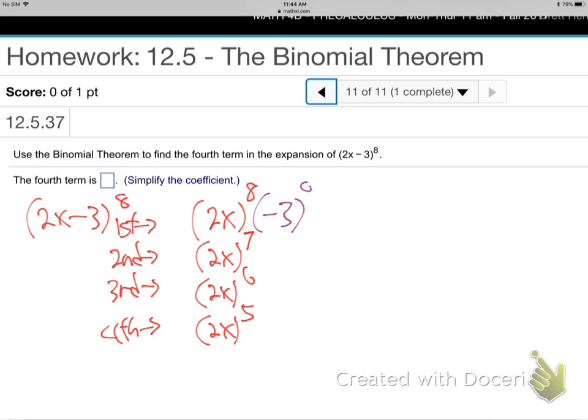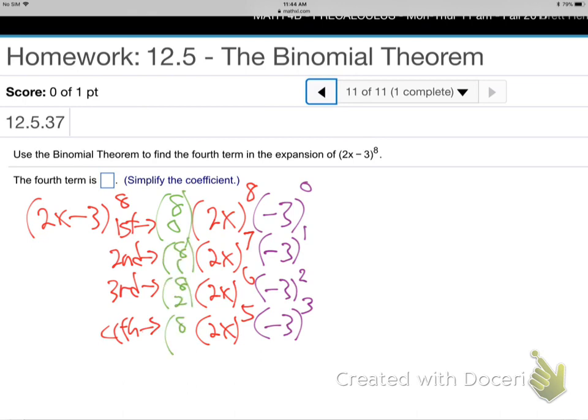Careful, it's negative 3. And then what goes in the front is A0, A1, A2, A3. We're good to here. So there's the fourth term. You guys get that by the pattern? Yep. On that, now we just got to figure those parts out.